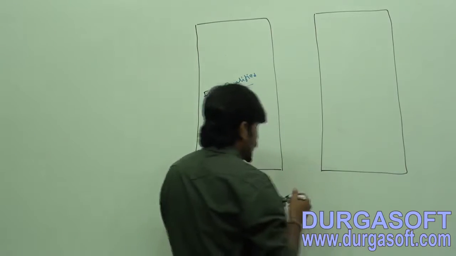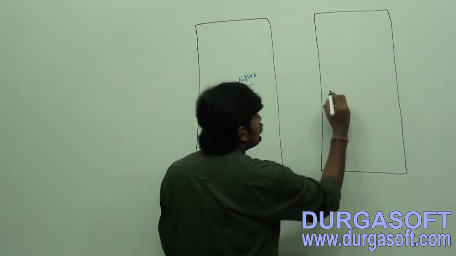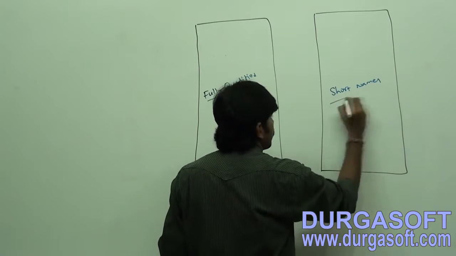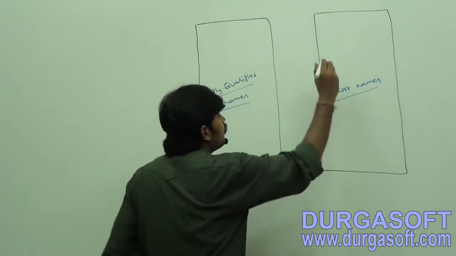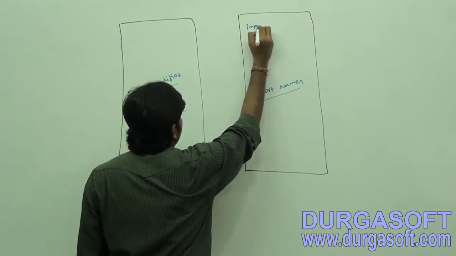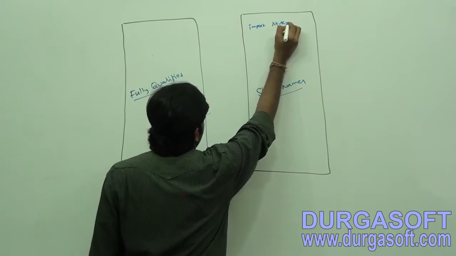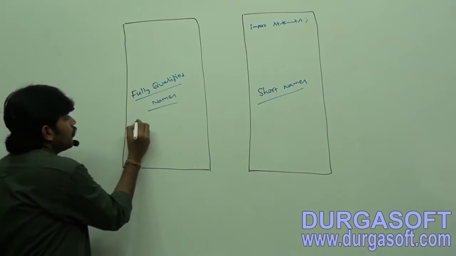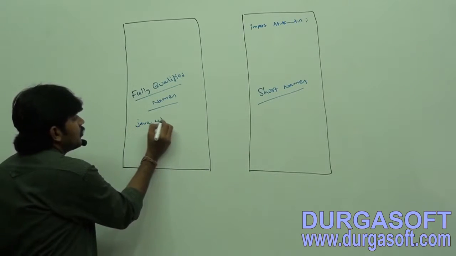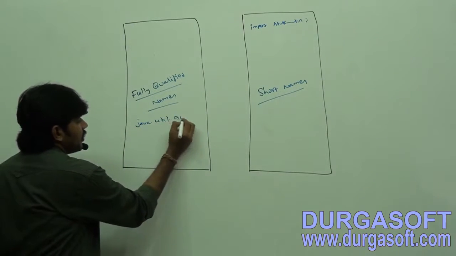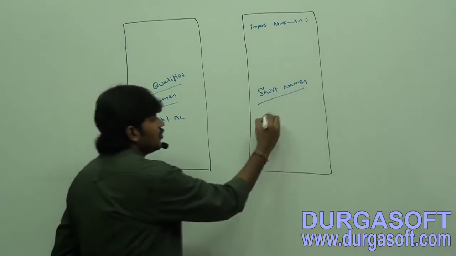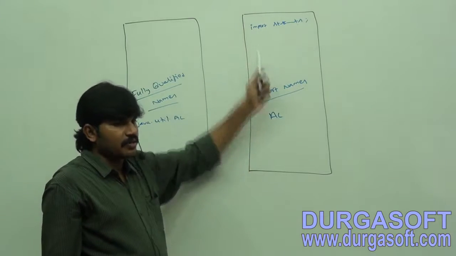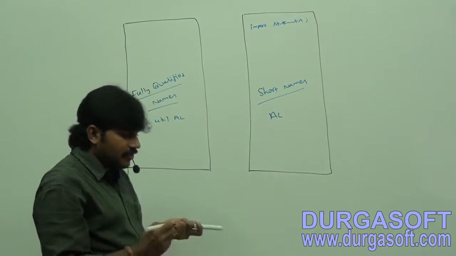Here I used short names, and I wrote import statements. Here I used java.util.ArrayList, but here I used only ArrayList, because I already used the import statement. Short name only, but there a fully qualified name, right?